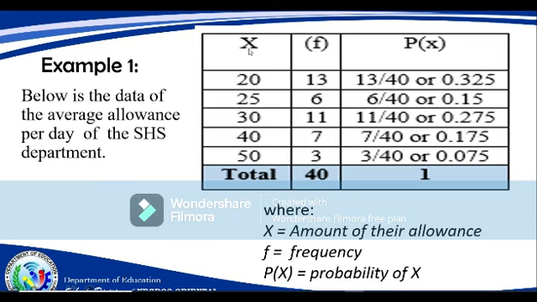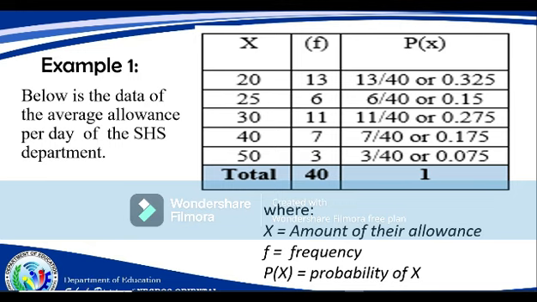So if our x here, the random variable x, we have, for example, 20 is the allowance, and there are 13 students whose allowance is 20, and then we have 6 students whose allowance is 25 pesos, 11 students whose allowance is 30 pesos, there are 7 students whose allowance is 40 pesos, and 3 students whose allowance is 50 pesos, and the total of frequency would be 40.